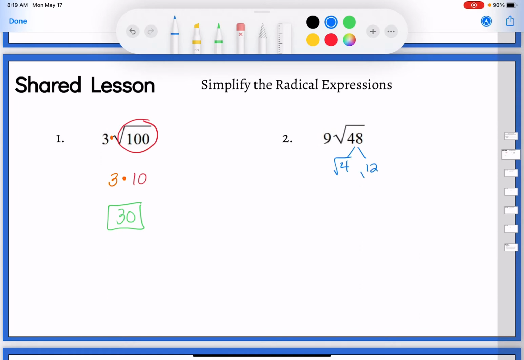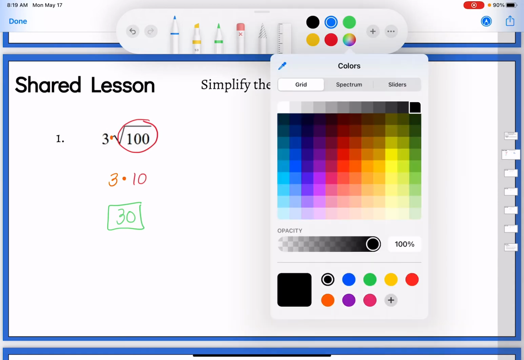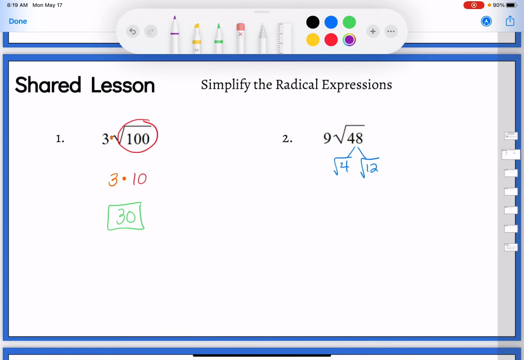The square root of 4 times the square root of 12 would give me the square root of 48. That's true, but 12 also has some perfect square factors. So you could go this way and then keep working on that square root of 12, right? Or you could say, okay, well, square root of 12, what multiplies together to give 12? 4 times 3. So I have square root of 4 times the square root of 3.